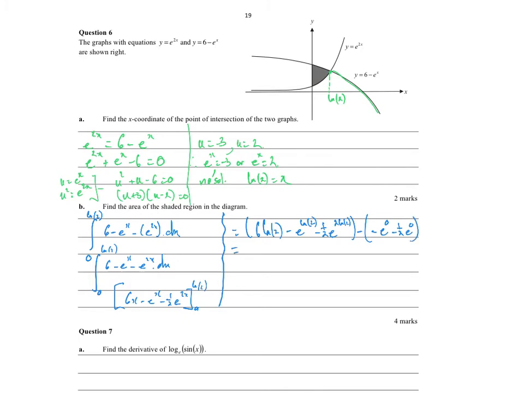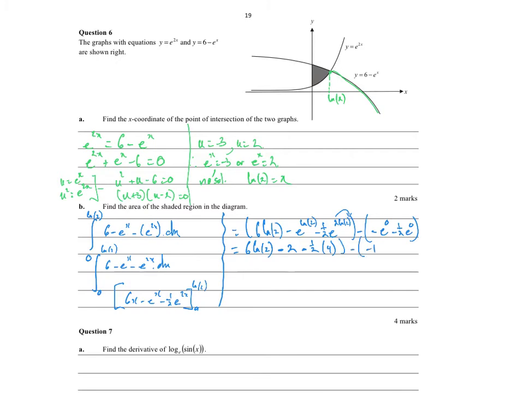So what do I get? 6 natural log 2 is just that. Now, e to the natural log 2, so e to the log base e, they're the inverse of each other, so that's just equal to 2 minus 1/2. Well, if I bring that 2 up there to get 2 squared, that's the same as 2 natural log 2 is natural log 4. So that's just the half of 4.